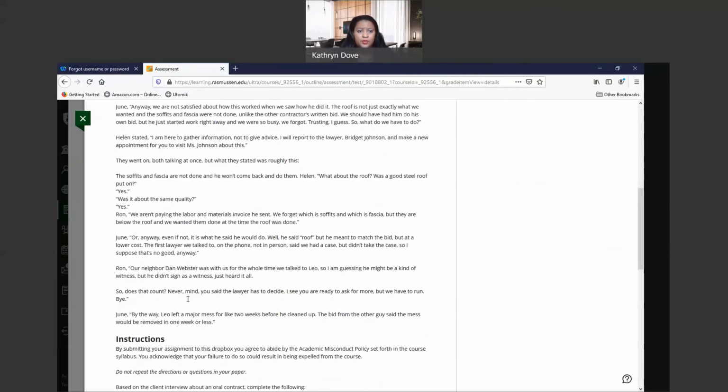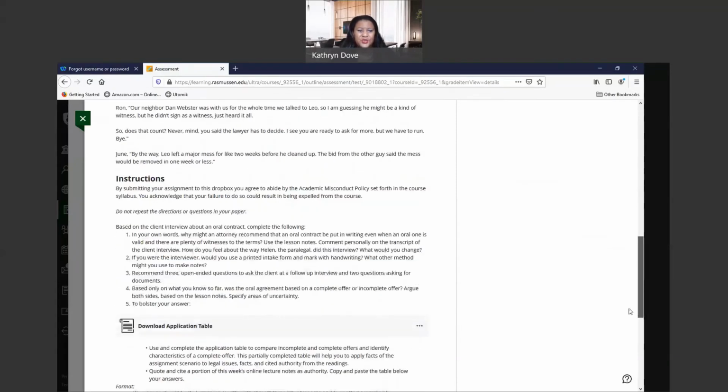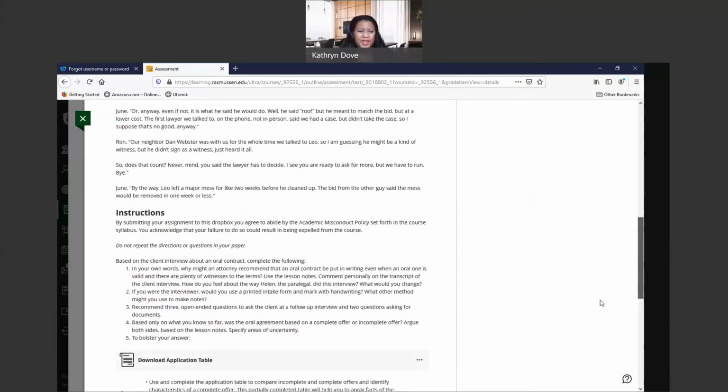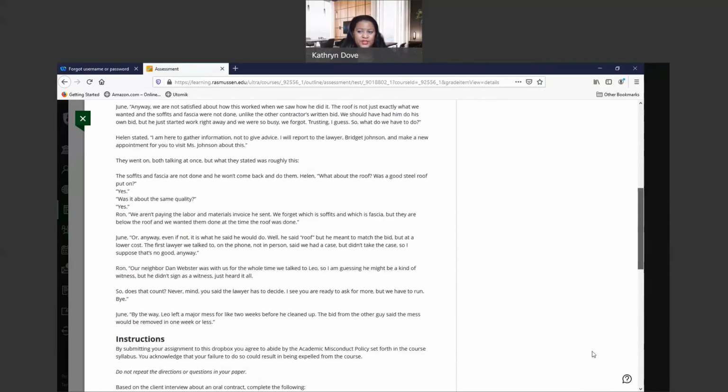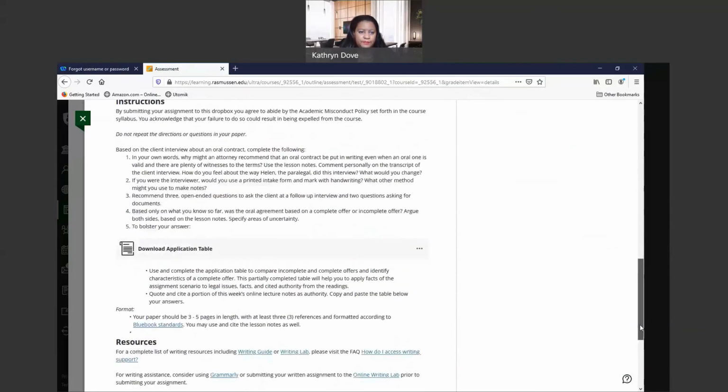They didn't pay the labor and materials that he sent. And it's a question about how to enforce this oral contract. So you want to read the scenario, answer the questions. Let's take a look at the requirements.